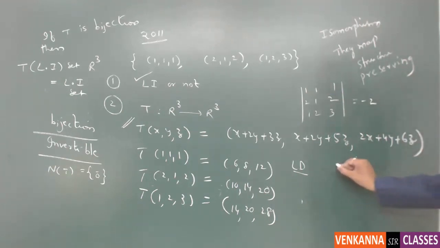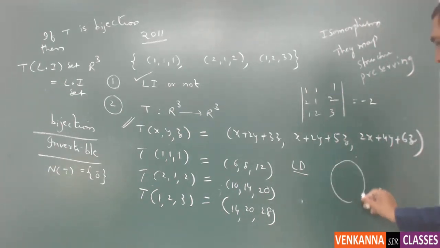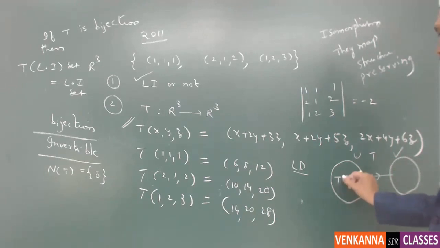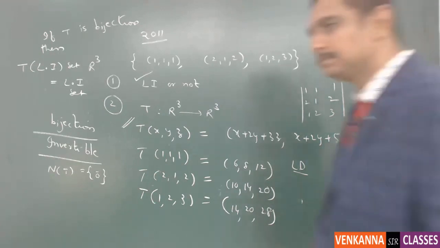Suppose I have taken a transformation from U to V, and I have taken a set B here, and I mention that T is a transformation and a bijection. Then what happens? T of this gives you some other set. Since B is a basis here, B dash is a basis here.